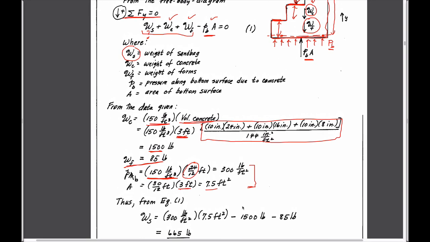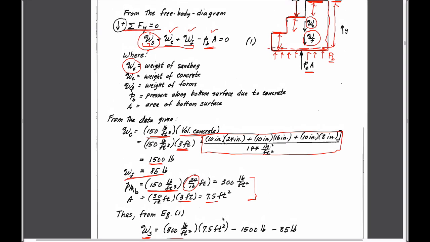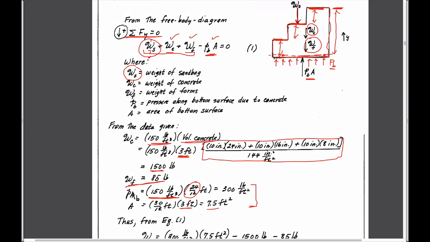And so if you rearrange this expression now to get the weight of the sandbag as a function of the other 3 components, you end up with this relationship here and an ultimate magnitude of the weight of the sandbag that you have to put on there, which is not inconsequential, which is equal to 665 pounds. So the key, I think, in this question is realizing that this pressure on the base has to be uniform.